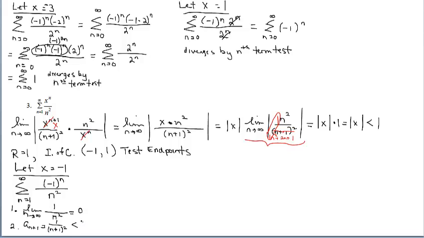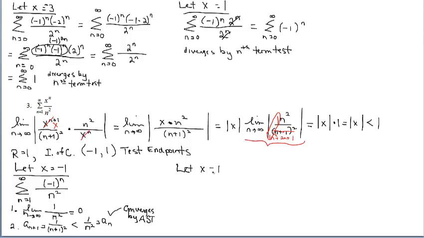Okay, and is that term always going to be less than the one before it, which is just 1 over n squared, which we would call a sub n. And yes, this term would always be smaller than this term because this denominator is bigger, and if it's a bigger denominator, then we know the value of that fraction would be smaller. So yes, I put a check there, converges by AST. So I am going to want to put a bracket around the left endpoint.